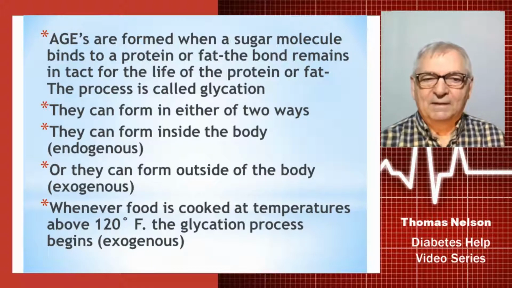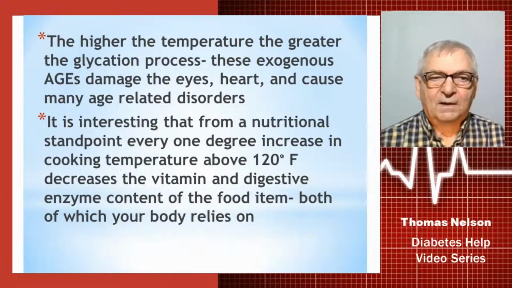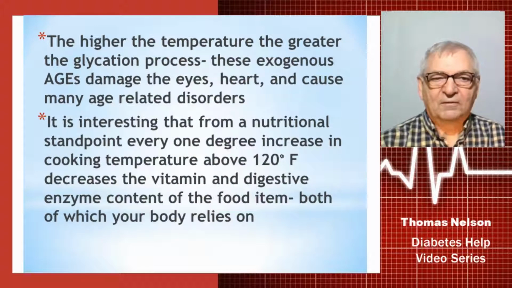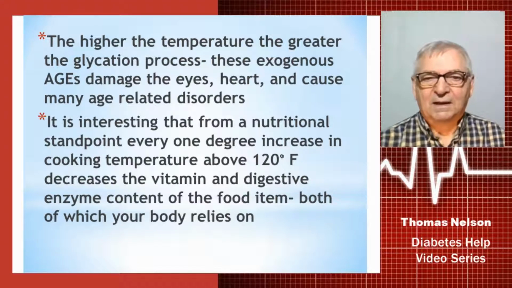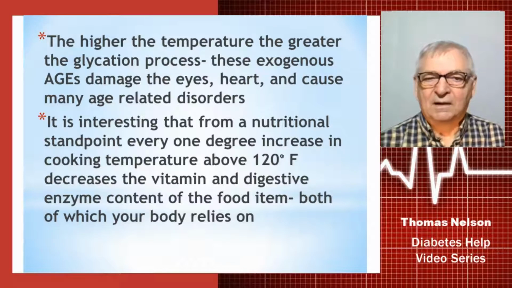So the problem is, the higher the temperature at which you cook food, the more of these AGEs are going to be produced. So the higher the temperature, the greater that glycation process. That means these exogenous AGEs are going to be coming in very large numbers. And they're going to go after things like your eyes, your heart muscle, and they can cause many age-related disorders.